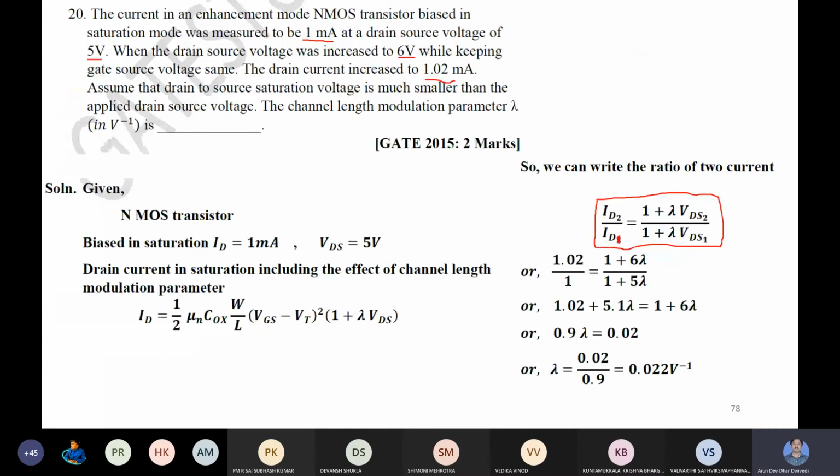And there are many other problems, like here we can see a few more problems, a different type of problem, like current in an enhancement mode transistor. It is an enhancement mode transistor, and it is biased in saturation mode. The current is 1 milliampere at drain source voltage of 5 volt. So IDS1 is 1 milliampere at VDS1 equal to 5 volt.